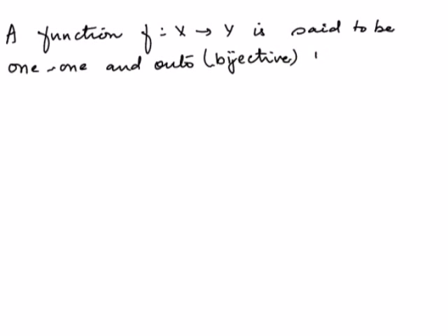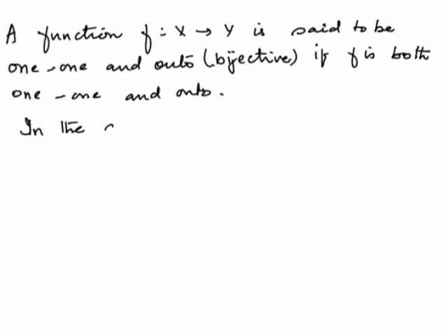So, in the above functions that we defined, f, g, h and k, we find that the function g is both one-one and onto. So, we define that a bijective function is one if it is both one-one and onto.